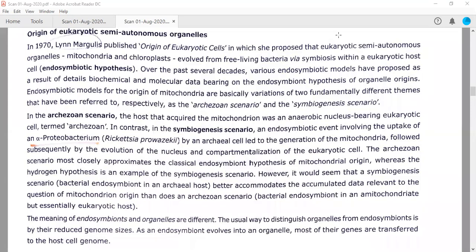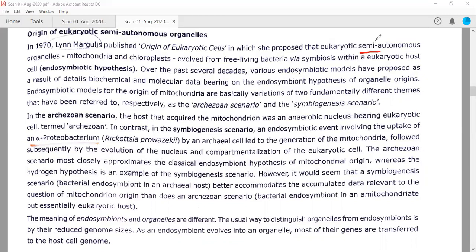It means something which is not fully autonomous. It is semi because they are able to synthesize only some of the proteins of their own over their 70S ribosomes, whereas some of the proteins are synthesized by cytosolic, cytoplasmic 80S ribosomes, and the mRNA comes from the nucleus. They are transported across the two membranes.